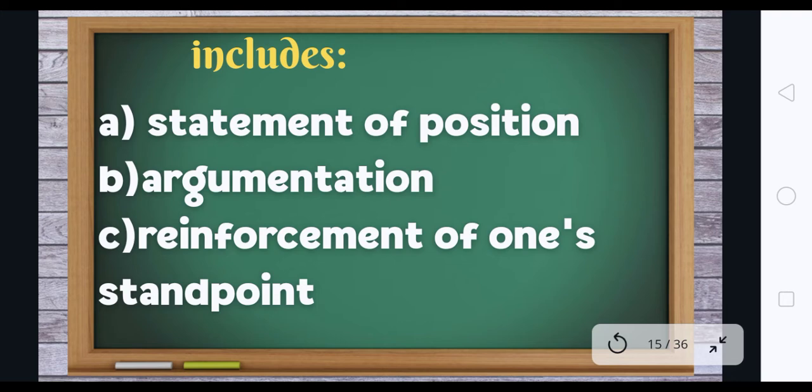It is the overview of argumentation revealing one's standpoint. Letter B. Argumentation provides supporting evidence relative to one's standpoint. And letter C. Reinforcement of one's standpoint. It provides the summary of one's position based on the point of argumentation.